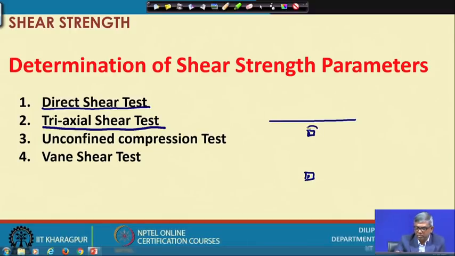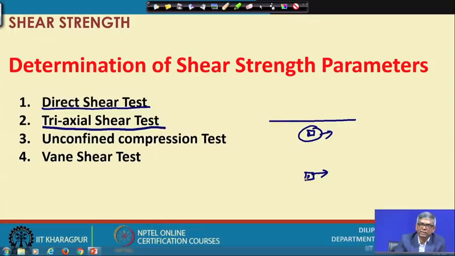So, if I collect a sample here and test and get the shear strength parameter, you will get some value, and if I collect a sample from here and test, then I may get a different shear parameter. What is the reason? Because the stress condition is different.